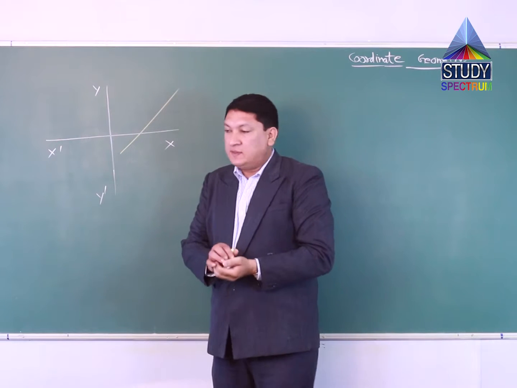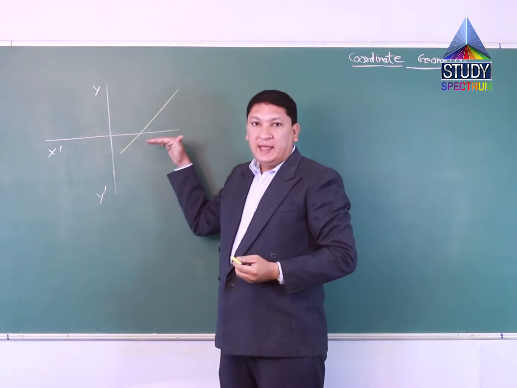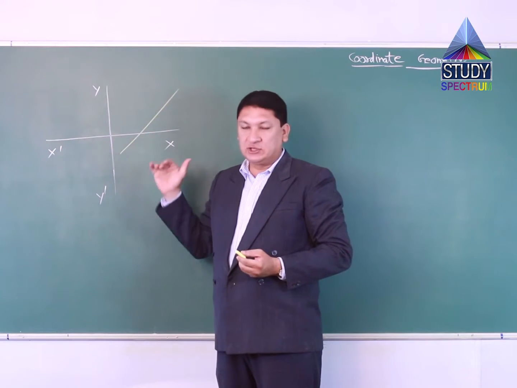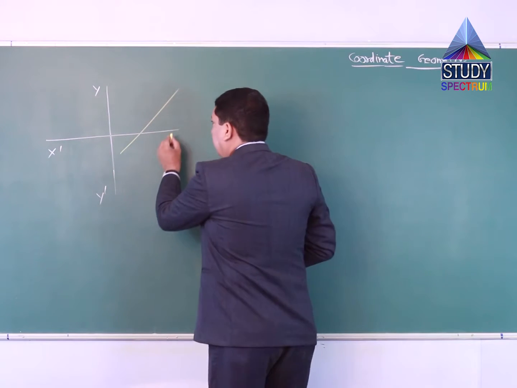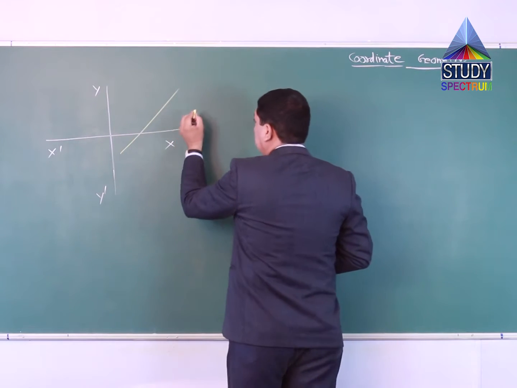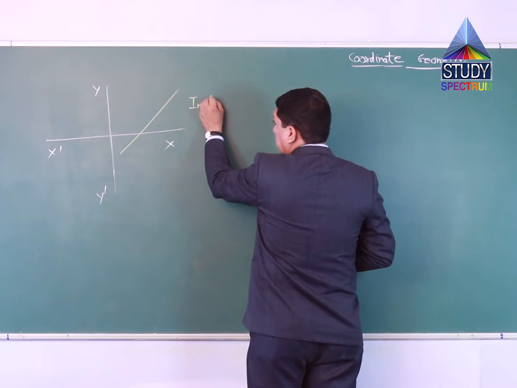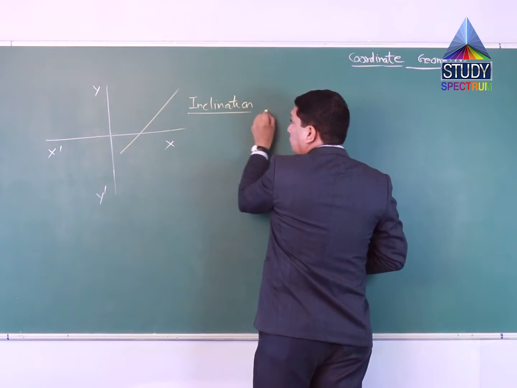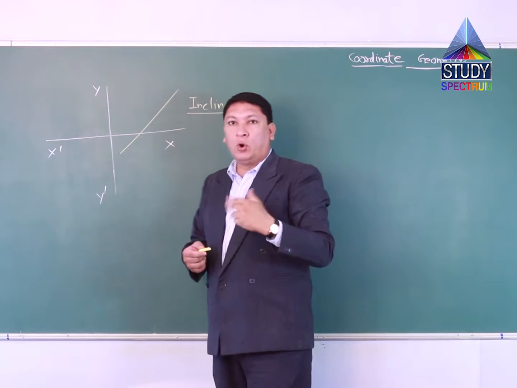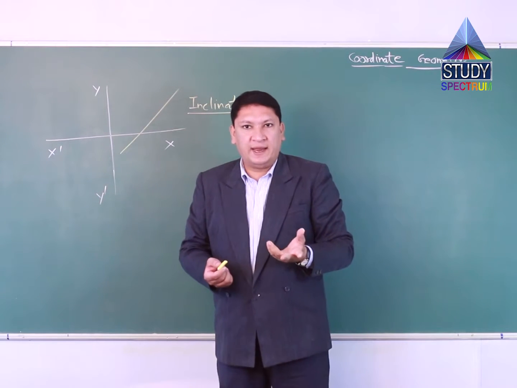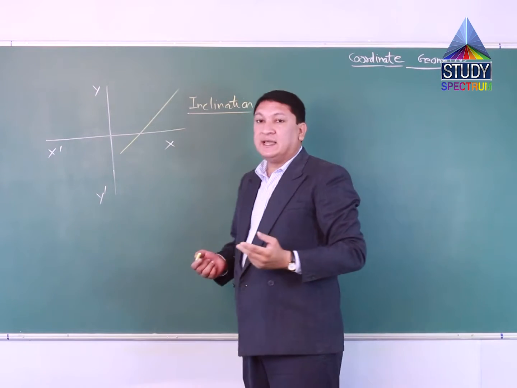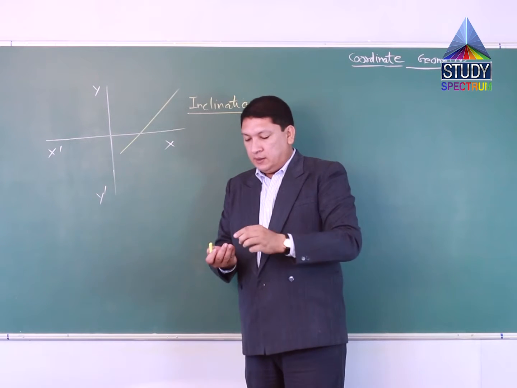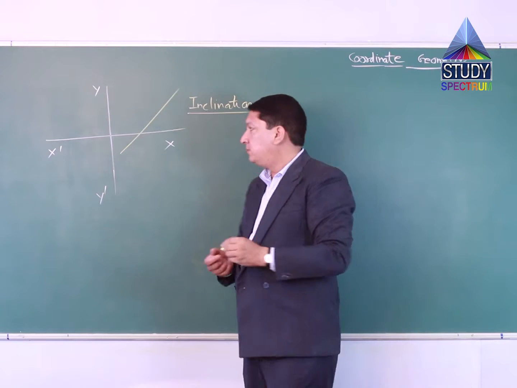The angle which is formed with the positive side of x-axis, that is the inclination. So I'll write the term inclination. Inclination is a term for all those lines which are not straight. If a line is inclined, obviously that line will make some angle.